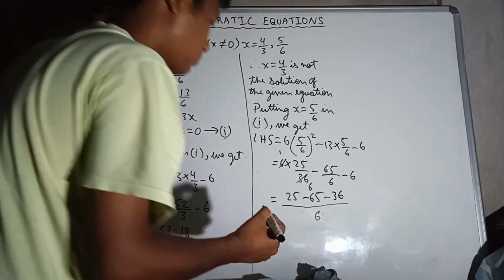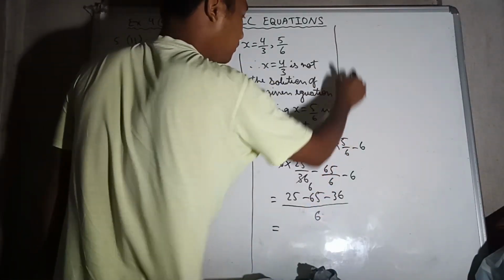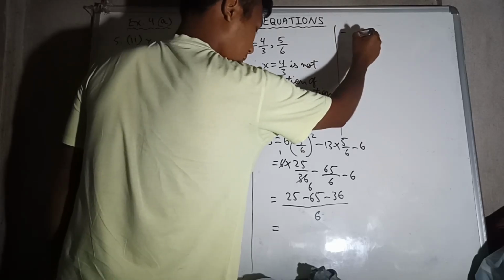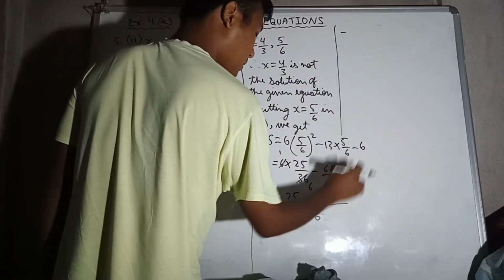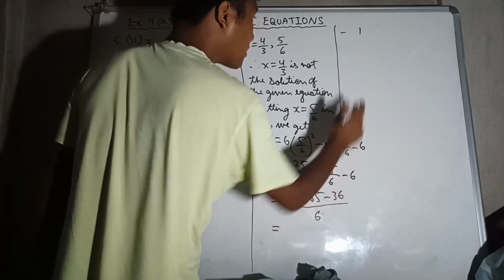So this is equal to 25 minus 65 minus 36.